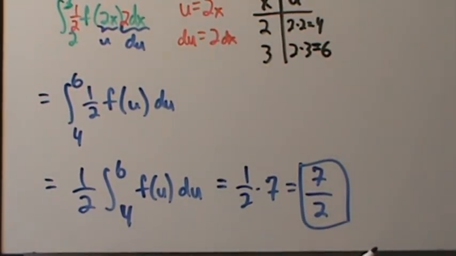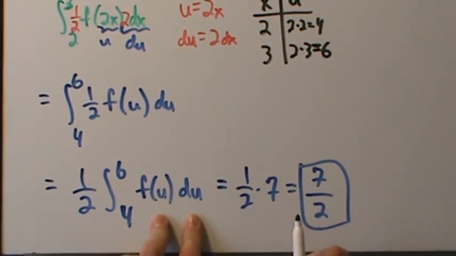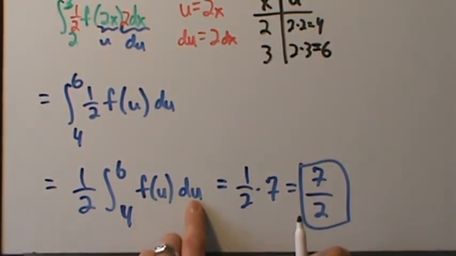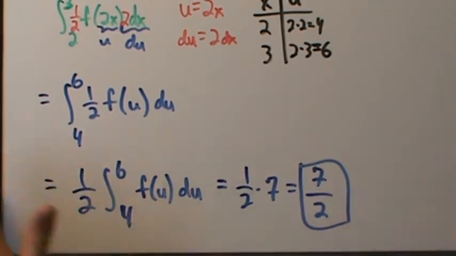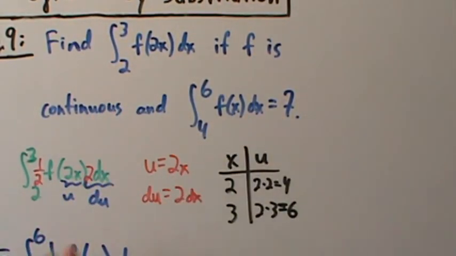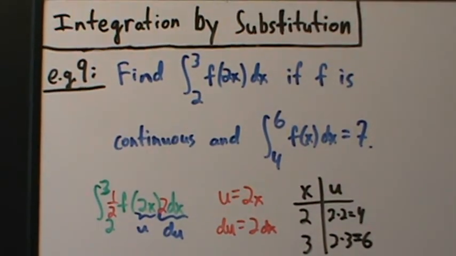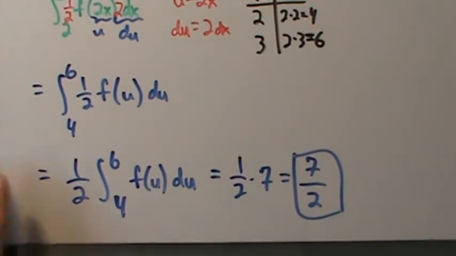So be very careful about that. The main point is that it doesn't matter what this variable is. It's called a dummy variable because it just doesn't matter, whether it's u or x. If you integrate from 4 to 6, you'll get 7 for this particular f that we were given. So that's example 9 with integration by substitution, and the answer again was 7/2.